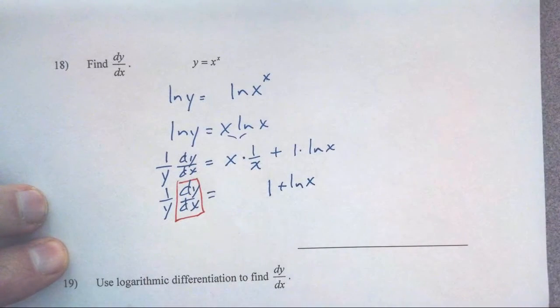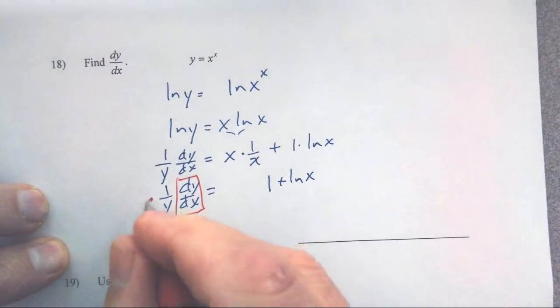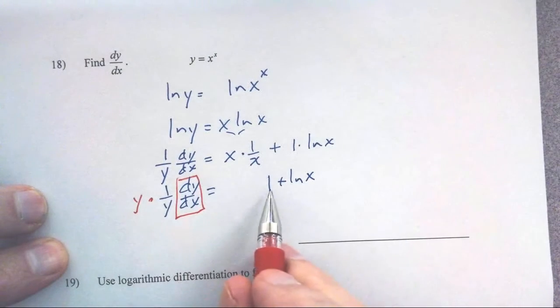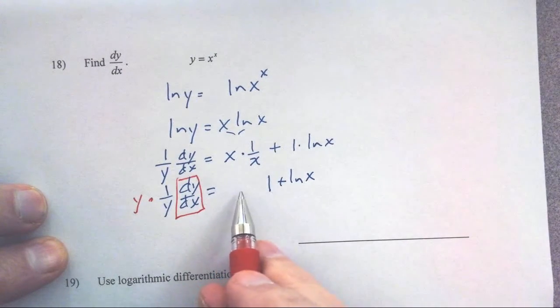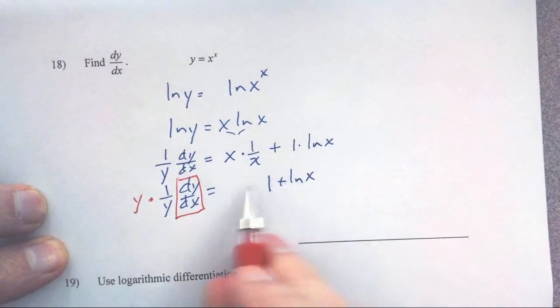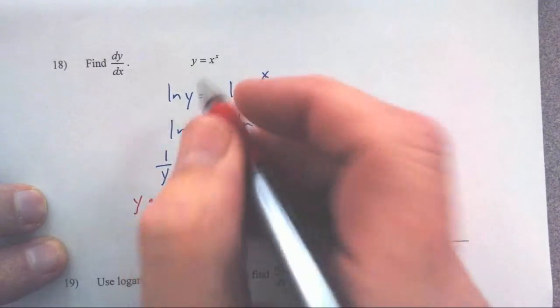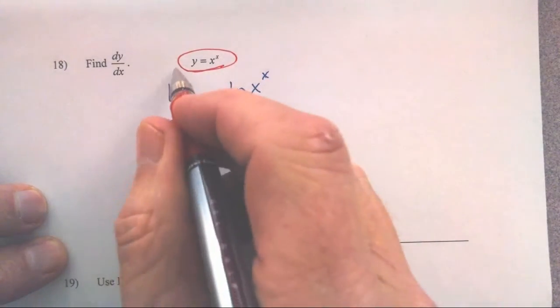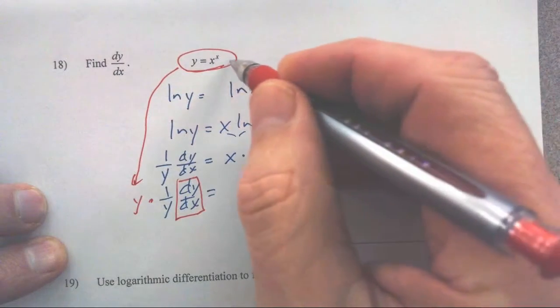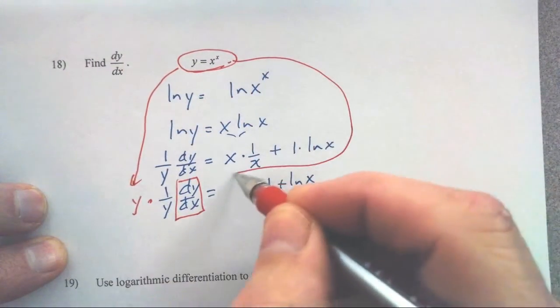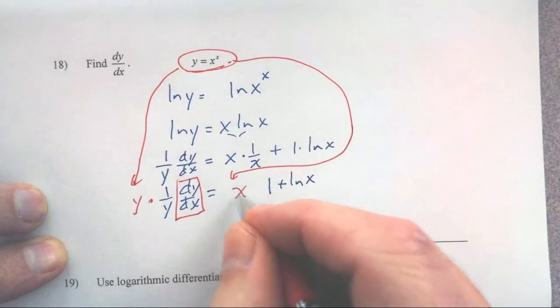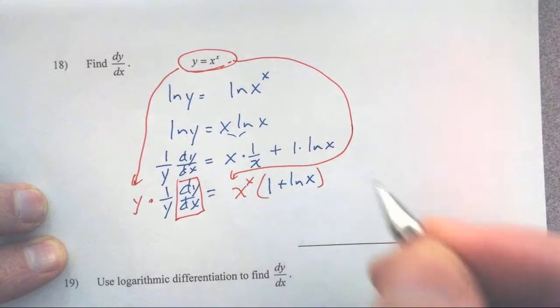So I would like to multiply this side by y and the other side by y, but if I multiply this side by y, I'm just muddying up the water. I want x's over here. So I multiply this side by y and this side by x to the x.